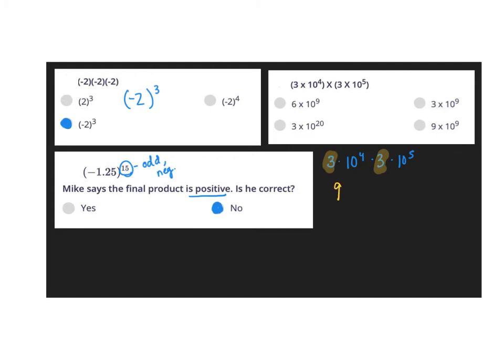And then we'll multiply our 10's that have exponents next. 10 to the 4th times 10 to the 5th is the same as saying 10 to the 9th. Okay? And we can simplify this out by just removing this dot. So this is the same as saying 9 times 10 to the 9th. But they don't remove the dot or the multiplication sign within our expression up top. So we're just going to go ahead and choose our answer based on what we just did.